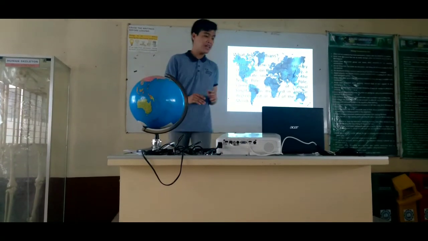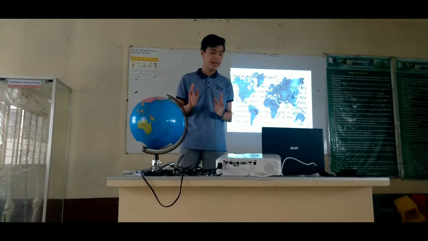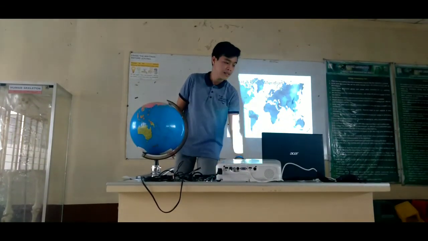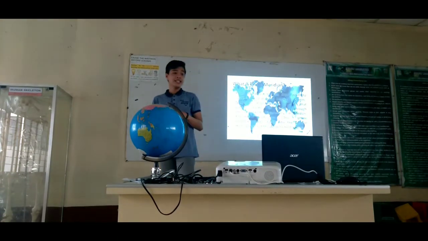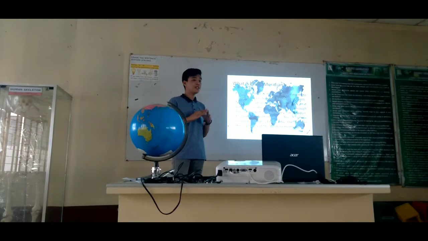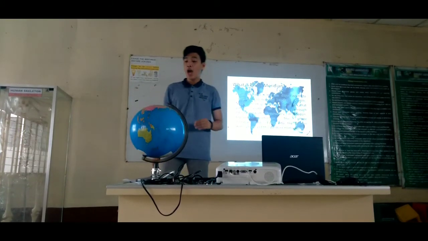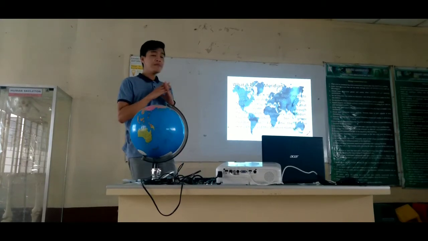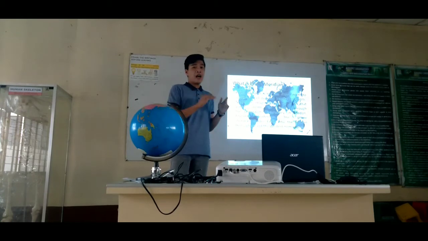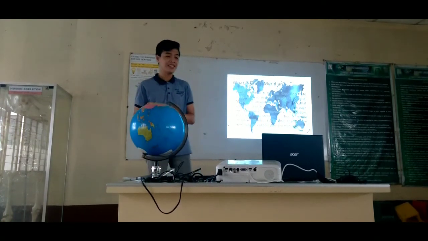So, by the way, we talk about the prime meridian. So, what is the prime meridian, by the way? Now, the prime meridian is a line drawn through north to south at 0 degrees longitude. In summarization, class, the prime meridian is the one who separates the Western Hemisphere and Eastern Hemisphere.